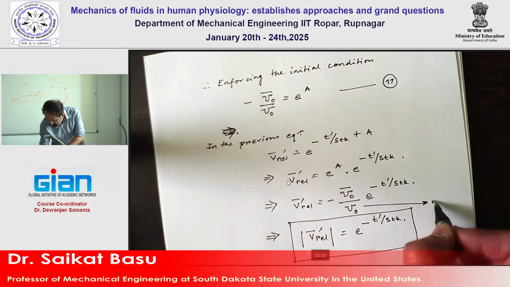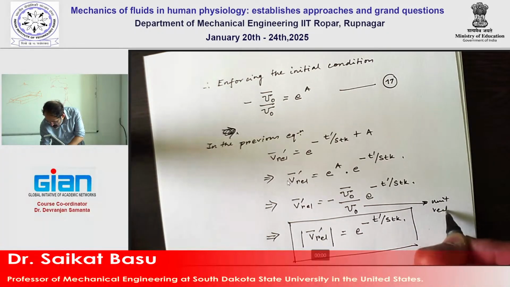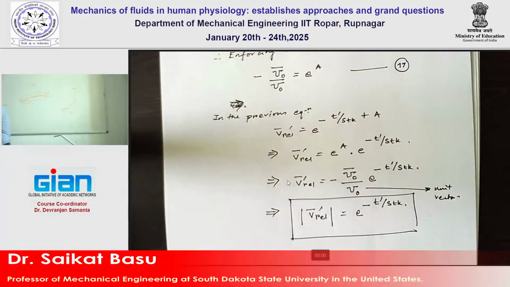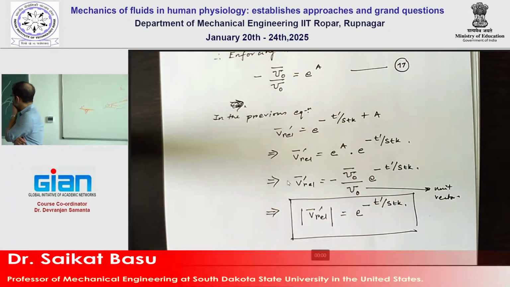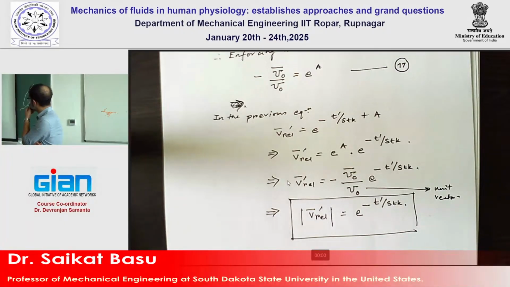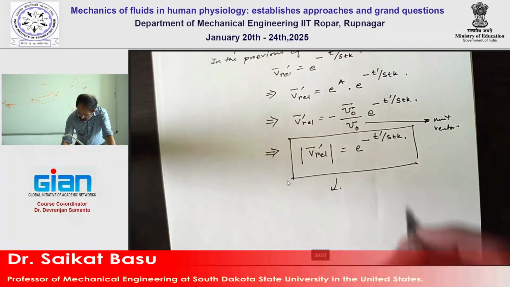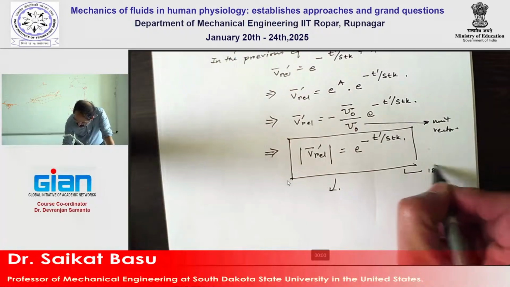Yes, we can, because this is the unit vector, as I said. So once we have it in this form, this gives us a very clear idea about how the relative velocity of the particle would evolve over time, be it a growth or a decay. It is a growth when you have a moving fluid and you are emitting a particle out. Let's call it equation 18.